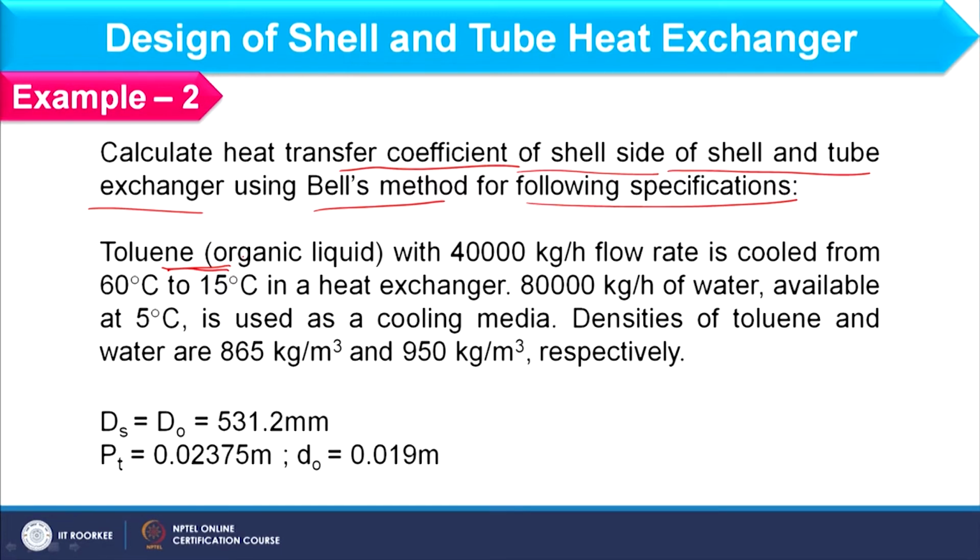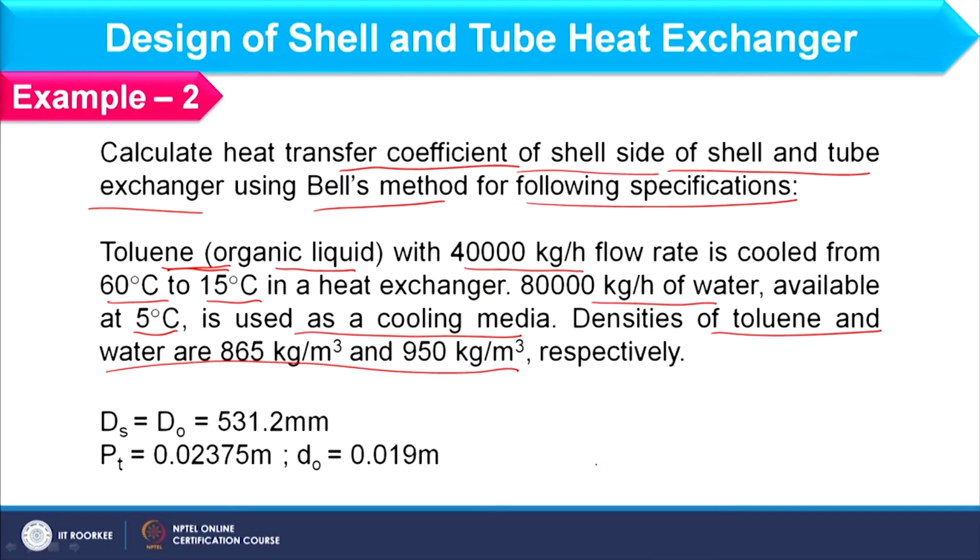Here we have to consider toluene, which is basically an organic liquid with 40,000 kg per hour flow rate, and it is cooled from 60 degree to 15 degree Celsius in a heat exchanger. 80,000 kg per hour of water is used, which is available at 5 degree Celsius, and we can consider this as cooling media. Densities of toluene and water are given like this.